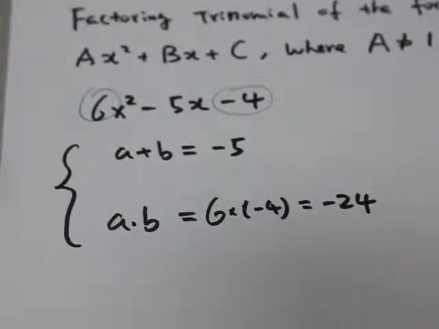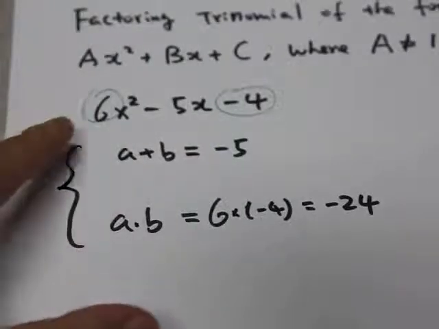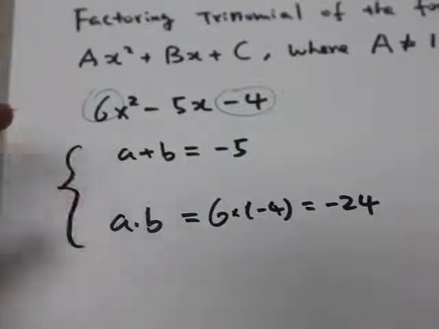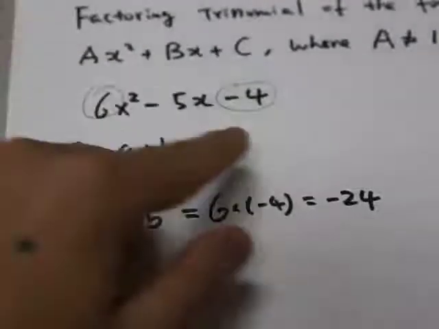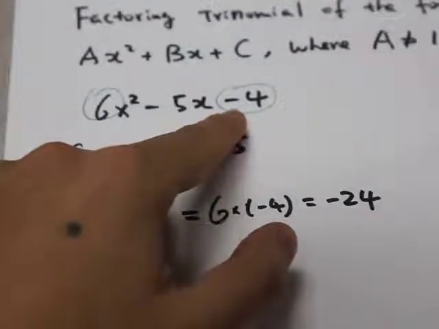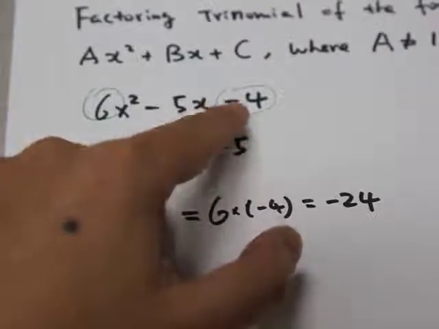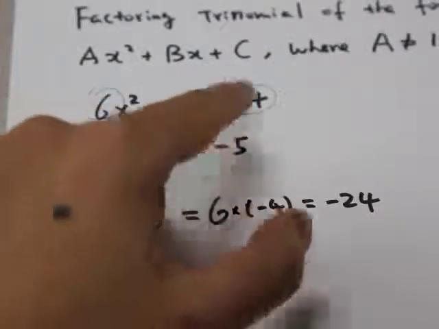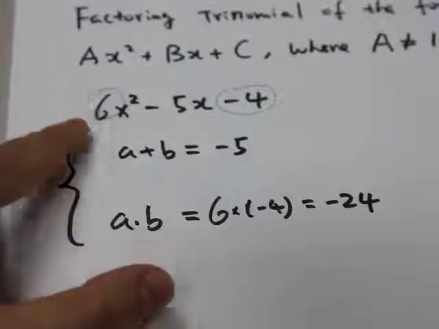So actually, when the coefficient of x squared is 1, that is a special case of this. Why? Because in that case, the constant is also equal to the constant times 1, right?